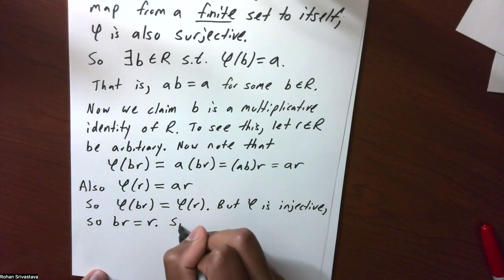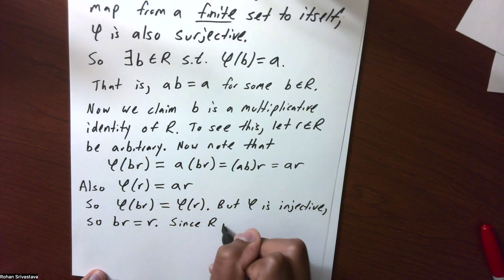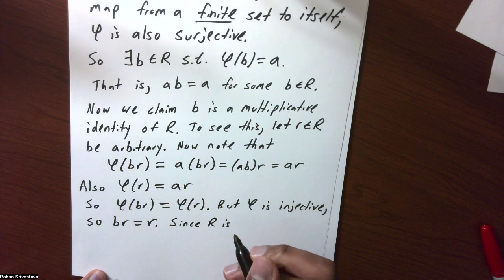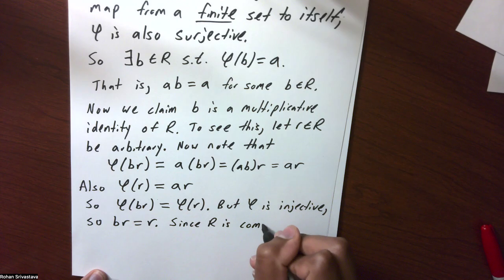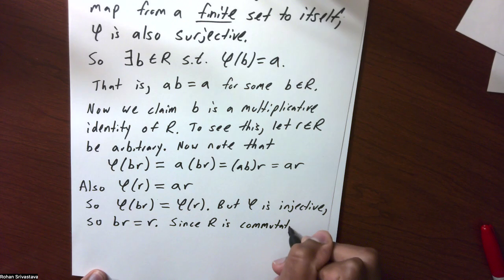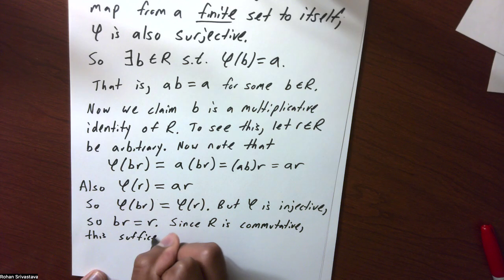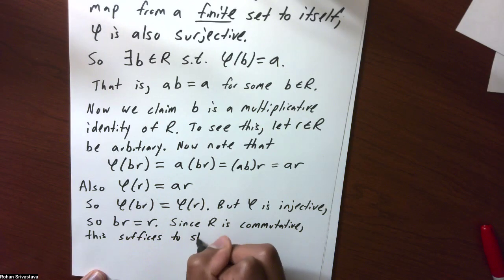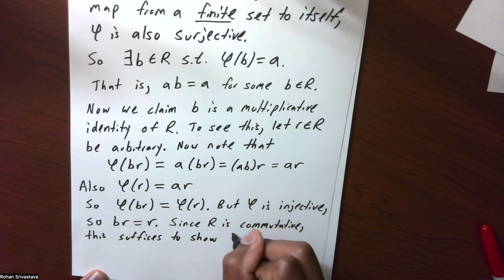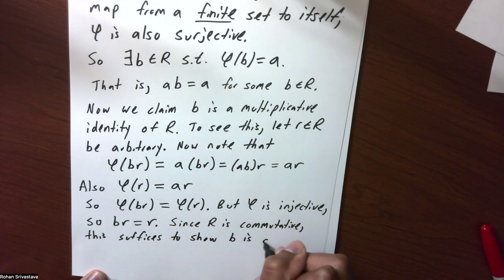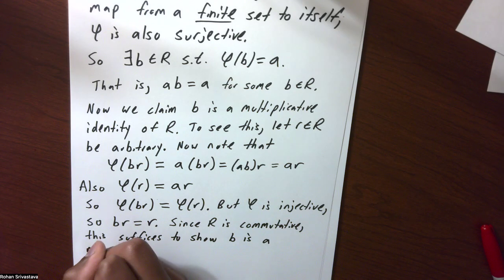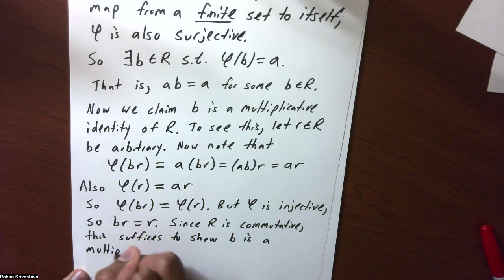And now since R is commutative by assumption, this suffices to show b is a multiplicative identity.